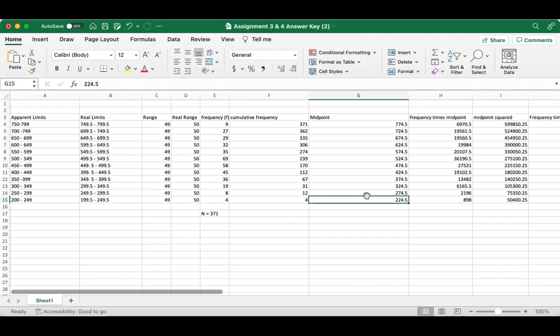So this would be the same thing, equals E9 times G9. Yeah, frequency times midpoint, that makes sense. What did I do wrong? Oh, I did it to the power. I screwed that up. That's times.